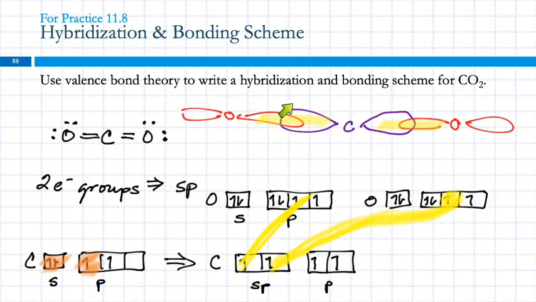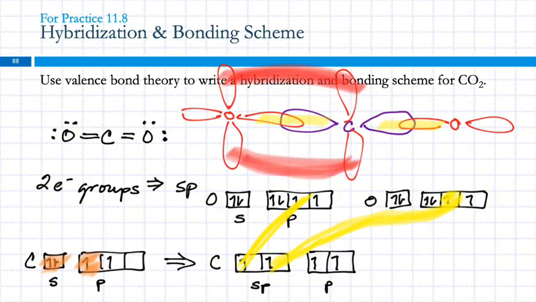So this is the drawing of, I'm imagining the overlap of this with that, and this one with this one. And then I have a p orbital on this oxygen, a p orbital on that oxygen, and I have two p orbitals here. And so I'm going to get a pi bond for that one.